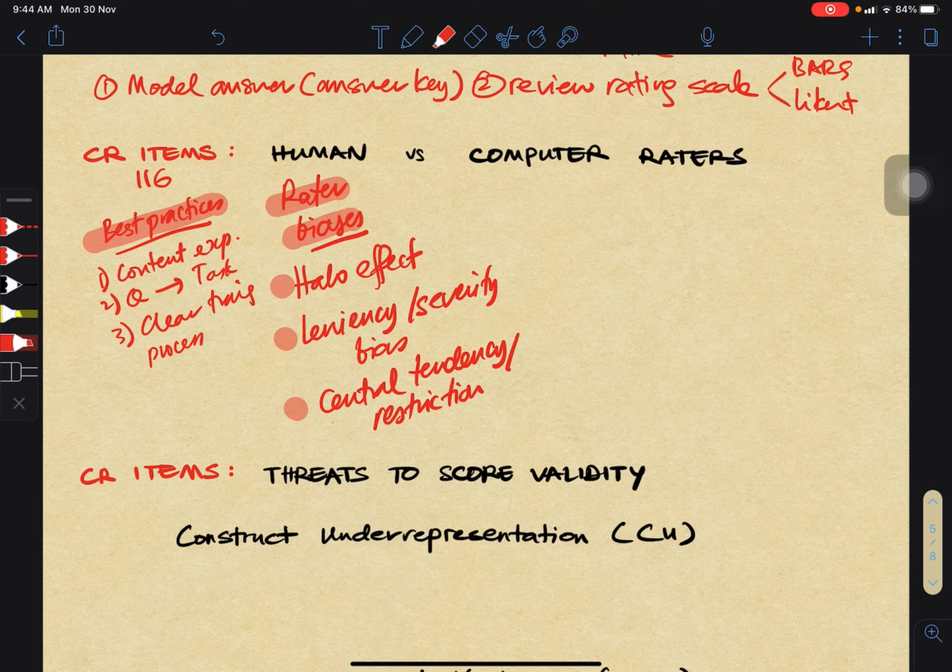So read this up, and it's good if the raters are aware of these biases so that they can make efforts to reduce them. Okay.